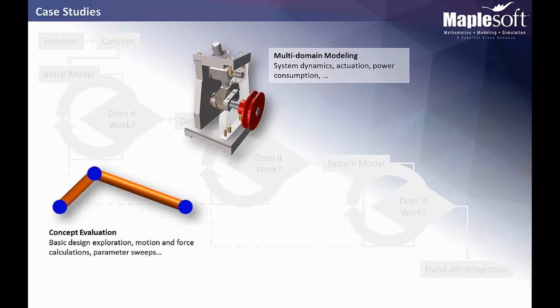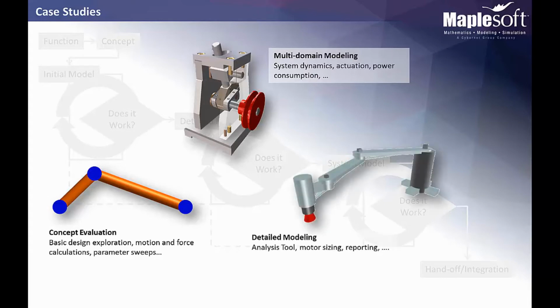We'll expand that model to include actuation and power consumption, with electric motor and battery models added to our mechanism. The third example will be an industrial robot where we put even more detail into the model, but also we'll turn the dynamic model into a design tool, an analysis tool for motor sizing and creating reports.